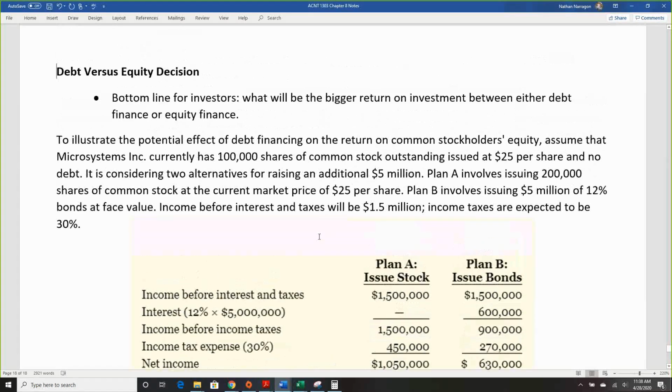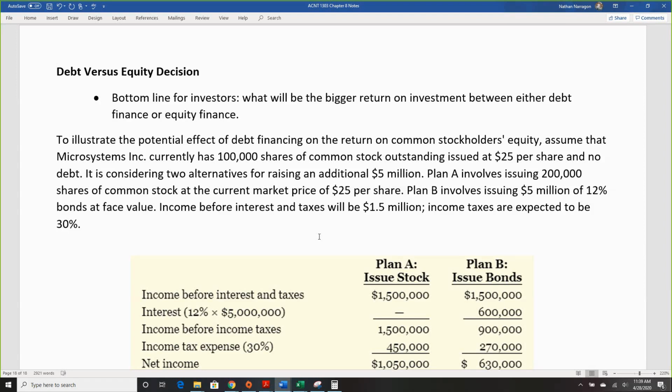So, to illustrate the potential effect of debt financing on the return on common stockholders' equity, assume that Microsystems Inc. currently has 100,000 shares of common stock outstanding, again issued at $25 per share and no debt.